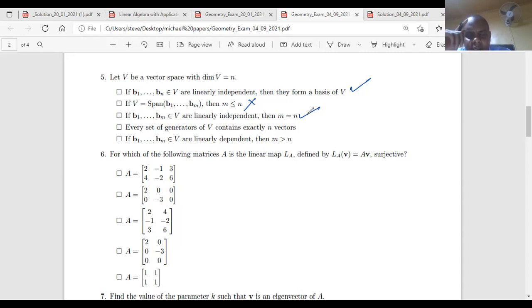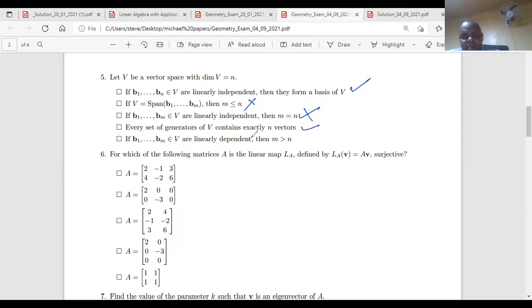Okay, wait. No, it could be true. You're right. Because they are not bases. Yeah. It doesn't say they are bases. Yeah. So every set of generators of V contains exactly n vectors. That's true.